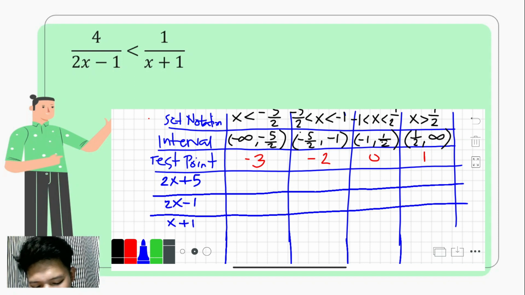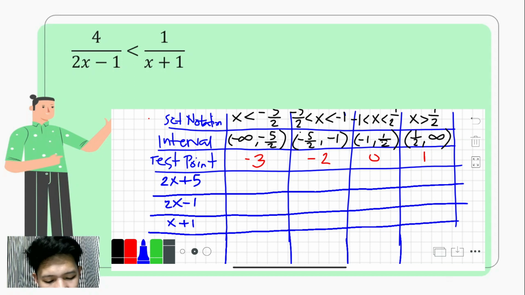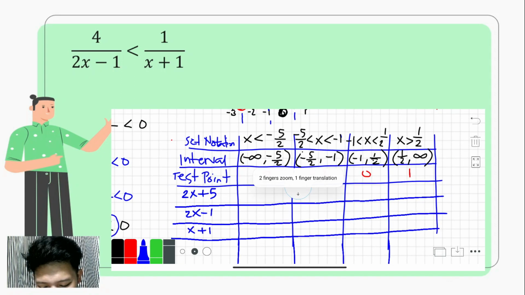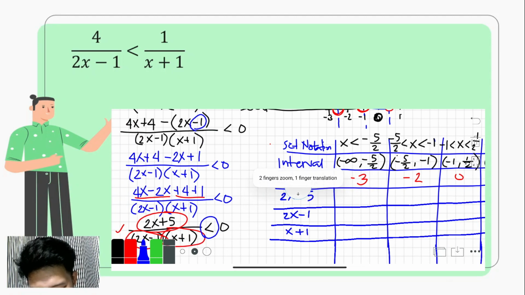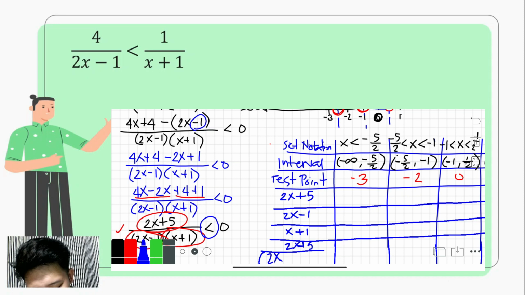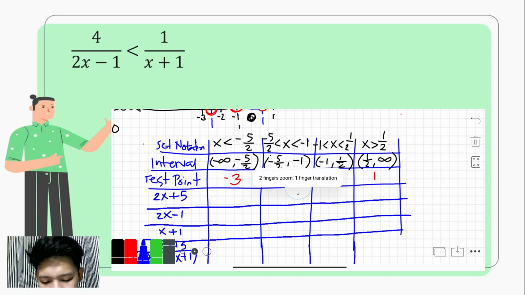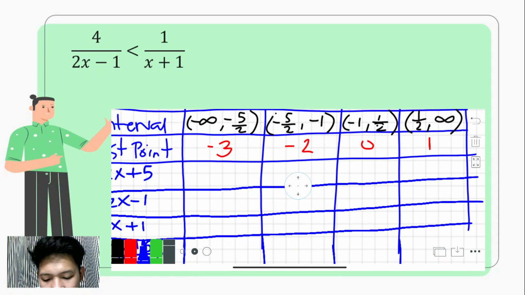And then, yung pangkalahatan. So, we'll be having, kopyahin lang natin yung ating single inequality dito. So, that is 2x plus 5 over 2x minus 1 times x plus 1. So, ayun po yung ating last part. Okay? So, we are now ready to test.